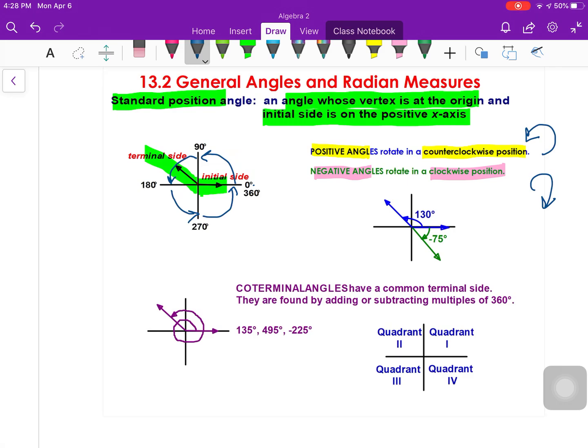So down here you can see I have a positive 130 degrees and I show the rotation going this way. I would like you to show the rotation inside your angles. Then I have a negative angle, also starting its initial side here, going this way, and notice the rotation is downward. That is a negative 75 degrees.